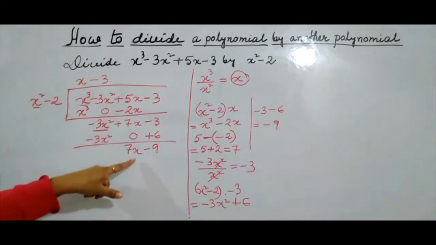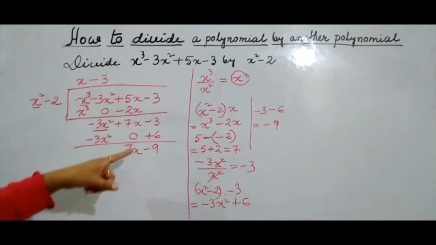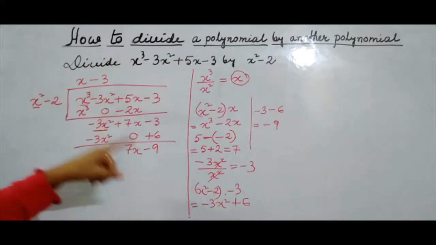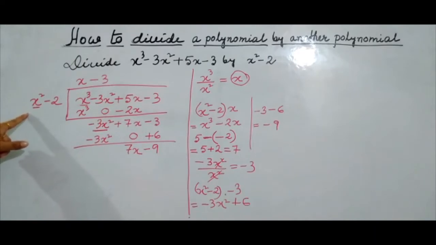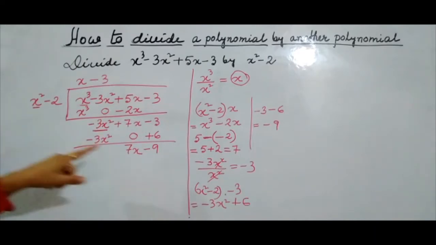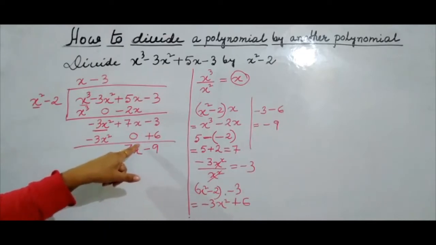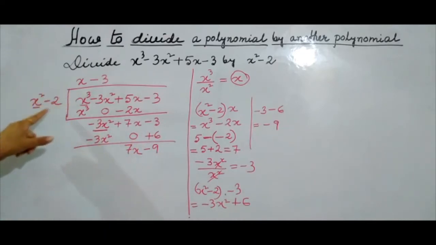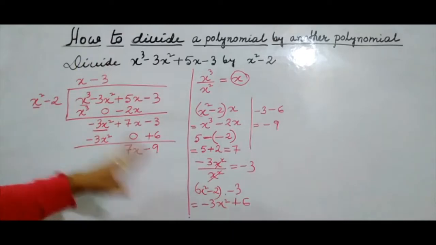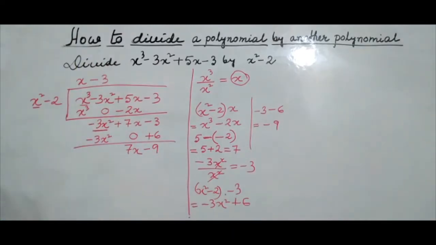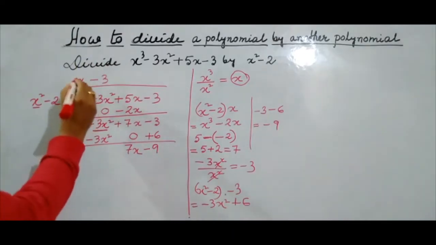Clear? Now you have to see, all of you know, you have to go on dividing a polynomial unless and until the degree of the remainder is less than that of the degree of the divisor. Now degree of this polynomial is 1 and degree of the divisor is 2. That means we have to stop now. Clear? So now we'll write, therefore this is quotient.